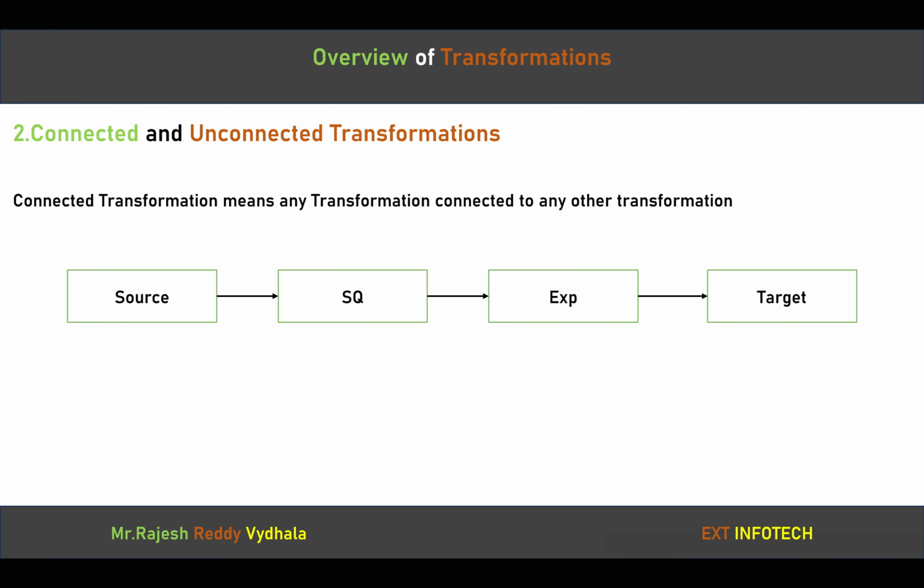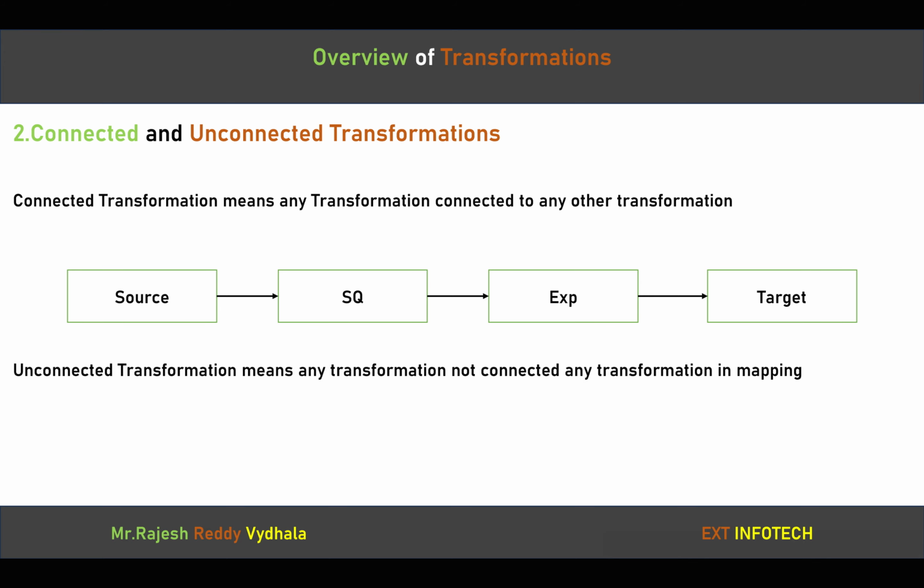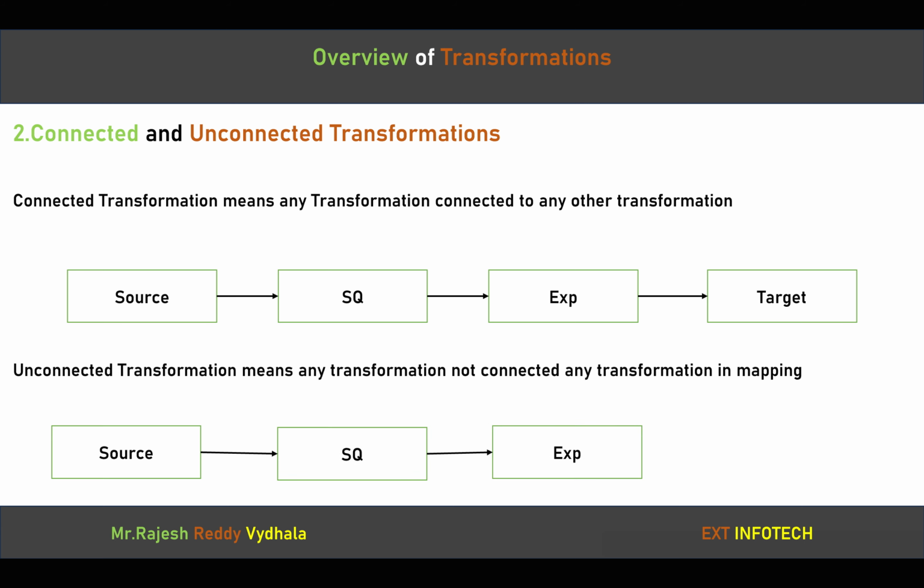Now, when it comes to unconnected transformations, any transformation that is not connected to the flow is called an unconnected transformation. Let's see one more mapping. I have a source, then a source qualifier, then an expression, then the target. We also have one more transformation called a lookup transformation.